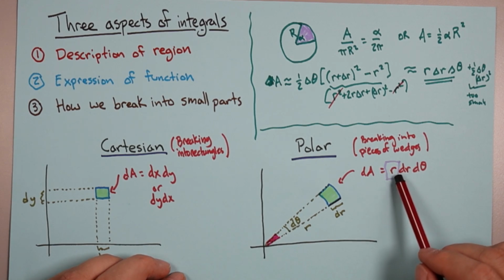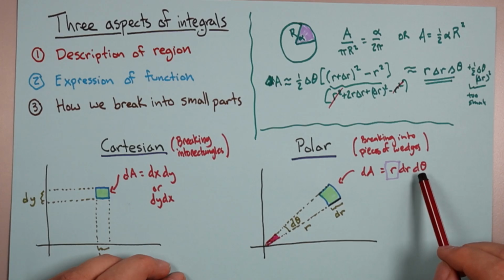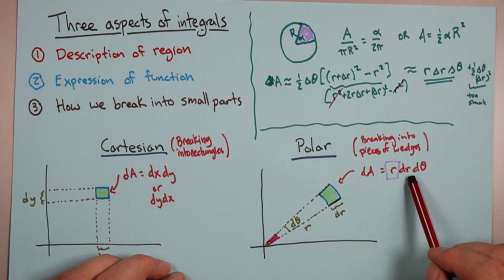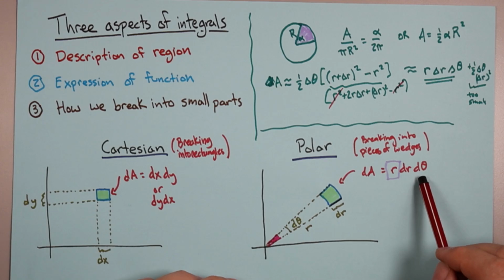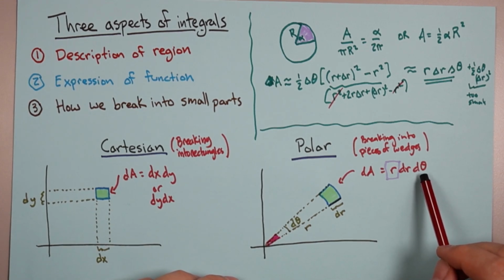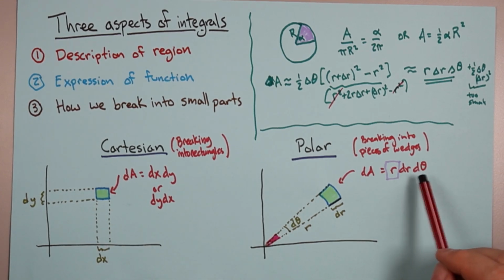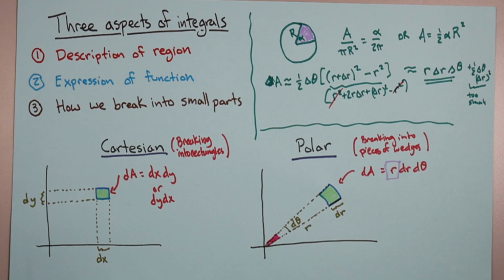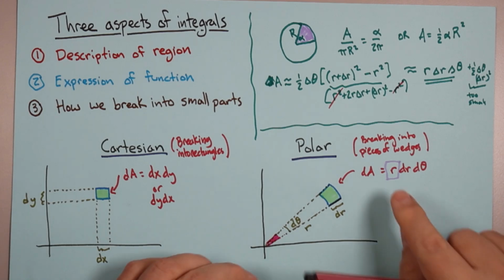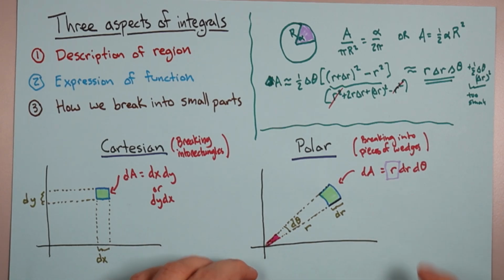So here we have 2 measurements of distance, but d theta is not a measurement of distance. So the moral is that d theta isn't helping you find an area, so you need some sort of extra term to compensate. That's why you need something like an r. In this case, it's exactly what you need. All right, good.